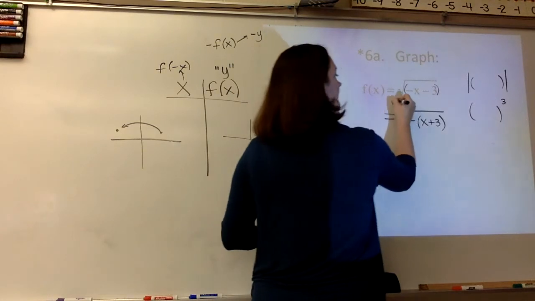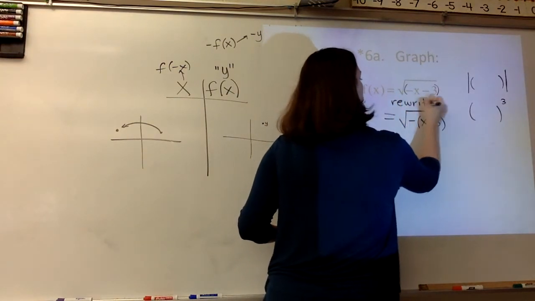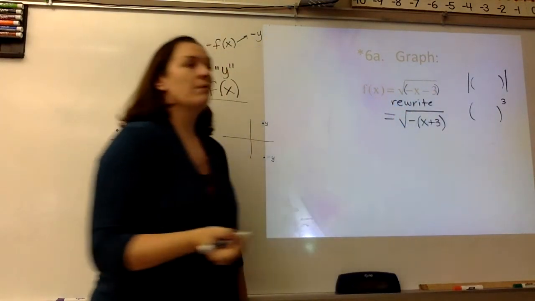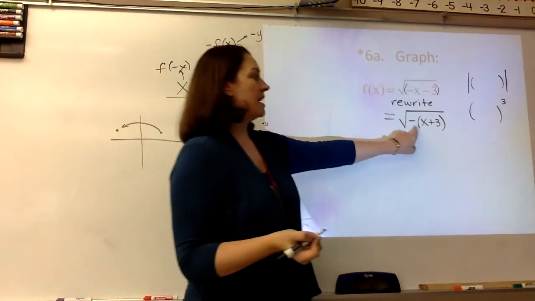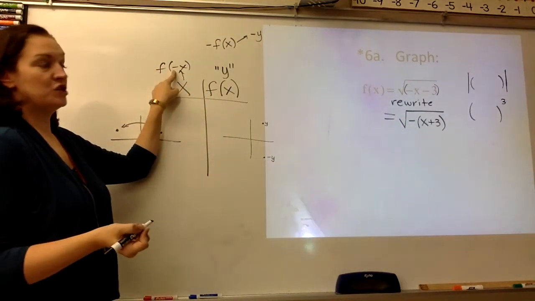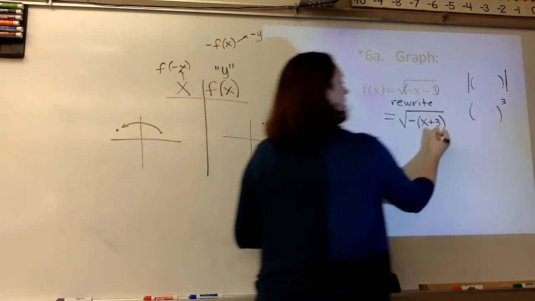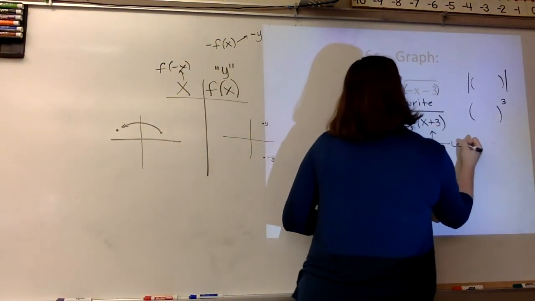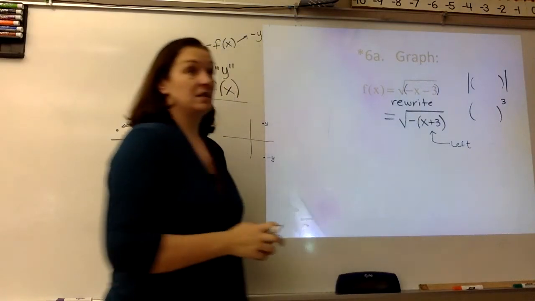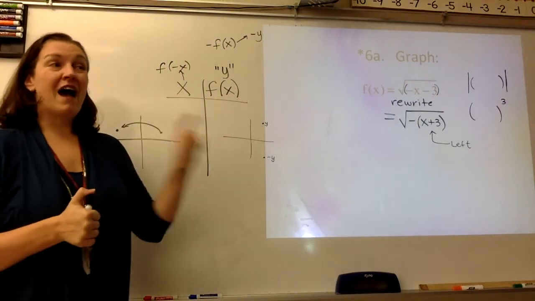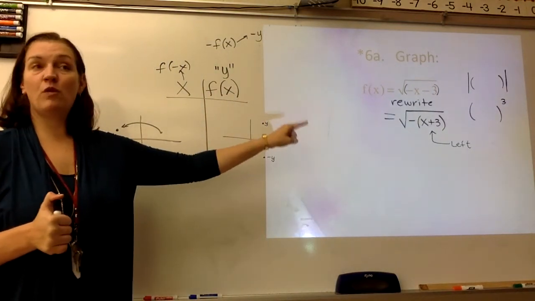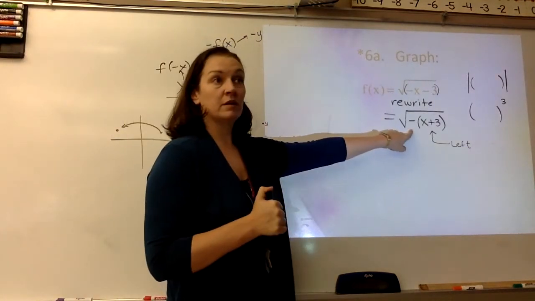You have to rewrite it. So you might want to write this down somewhere so you don't get this incorrect. You're going to rewrite it because now you can see I'm going to have this left-right shift of the square root, but then I'm also going to move it not to the right, but I'm going to move it to the left. I'm getting my graphing information from the transformed or different function.